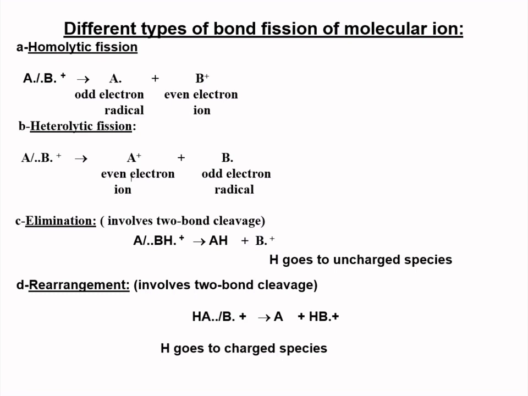However, in homolytic fission, each fragment acquires one electron, whereas in heterolytic fission, one fragment acquires the two electrons, but the result is that we have an even electron ion and an odd electron radical. The mass spectrometer observes only the positive ions.